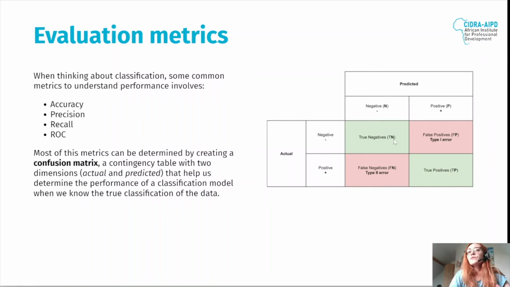You can also see here that we have, for example, true negatives, true positives, false positives, and false negatives. What is that? A true positive means that the model said it's positive, and in reality, it is positive. So I predicted that someone has a disease, and they actually have that disease.